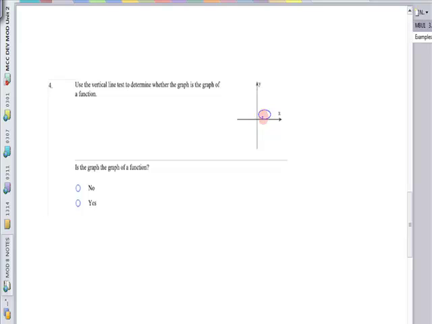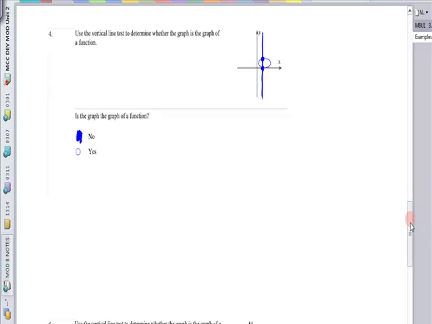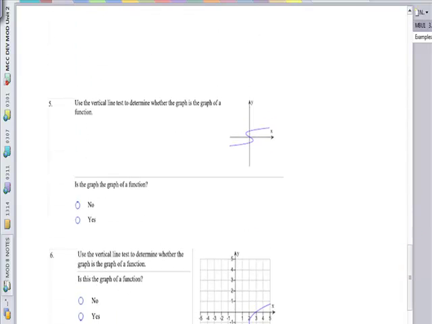is this a function? Well, you can see that a vertical line could cross it twice. That means that that x has more than one y, and no, it is not a function. Number 5.